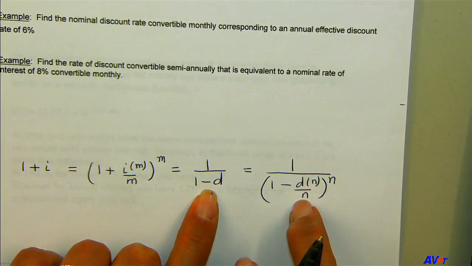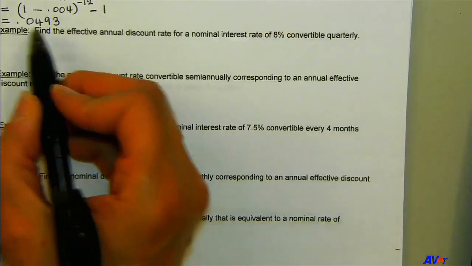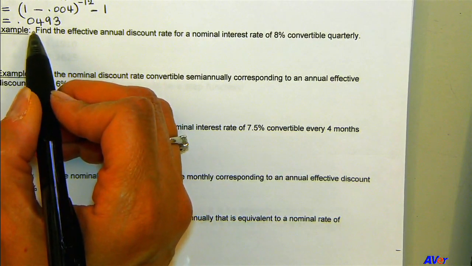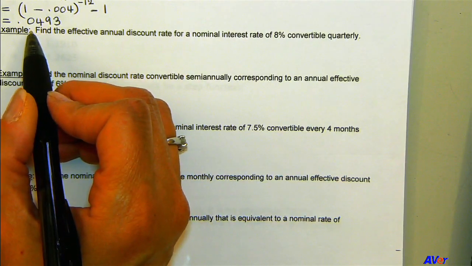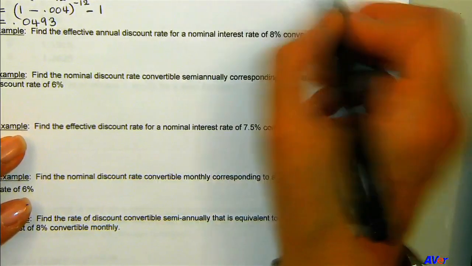I could write both of them to the minus 1 power or both to the plus 1 power. That's one way to do it. The other way would have been to convert this i to d by saying d equals i over 1 plus i. Nothing wrong with that either. Anyway, let me finish up this way.